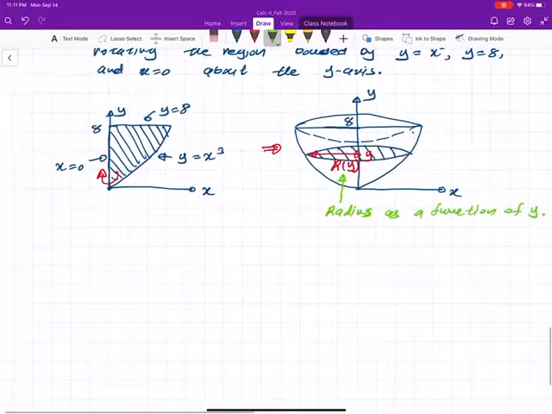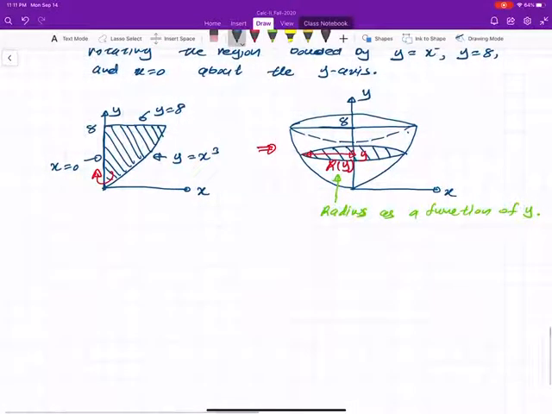All right, then you have to compute what that radius is. That should be a function of y. Keep your eye on that. This should be a function of y.